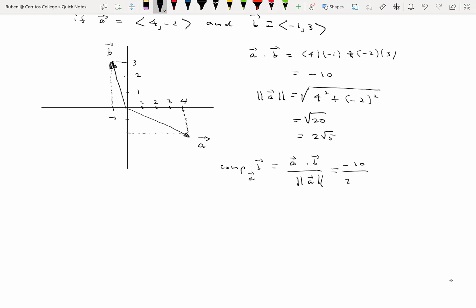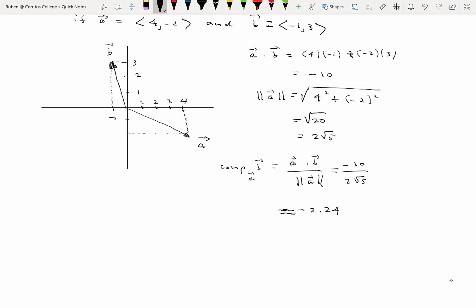The length of A is 2 radical 5. This is approximately equal to -2.24.